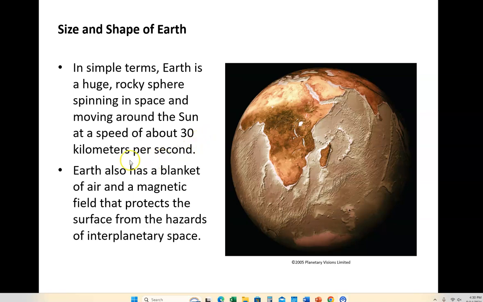What's really important to us as well is that the Earth acts as though it has a blanket around it. Blankets, believe it or not, are part of the greenhouse effect. It's an example of the greenhouse effect.